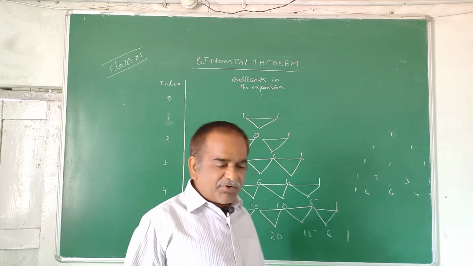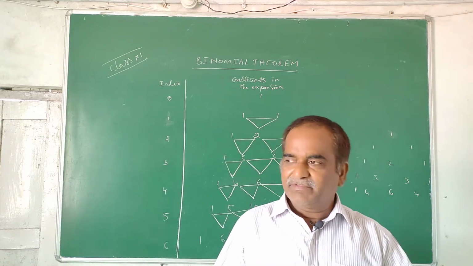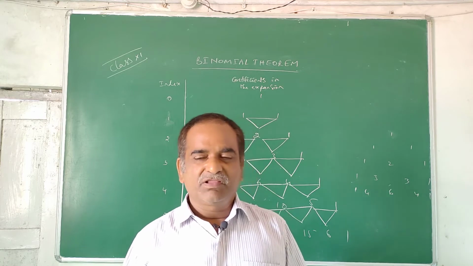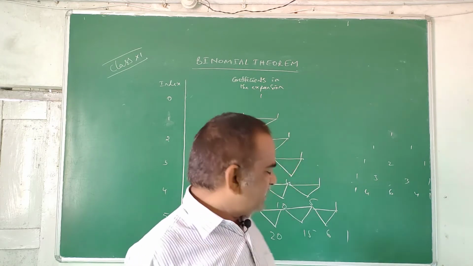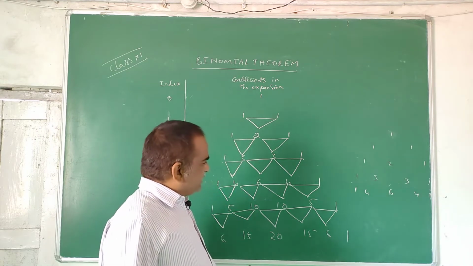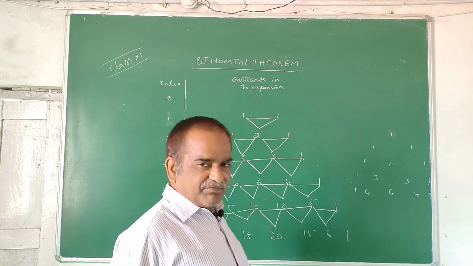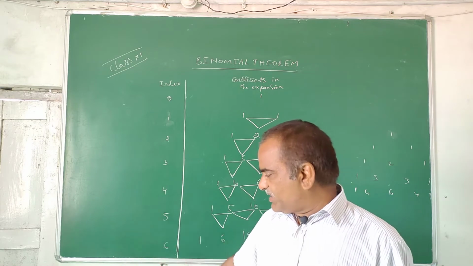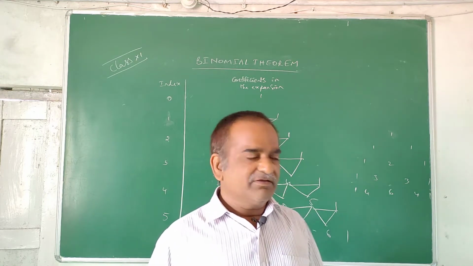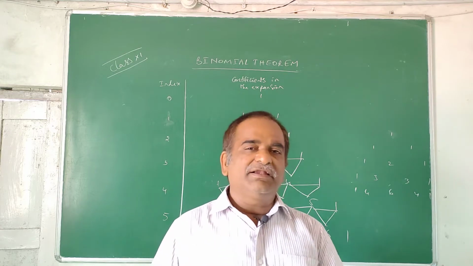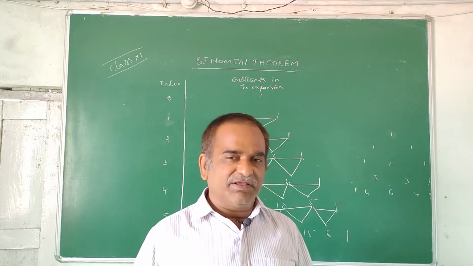But we don't actually use this, because suppose the power is 15, you cannot go up to 15, it is time consuming. Up to 15 you cannot write this table. Suppose the power is 25, you cannot go until 25, it is time consuming.